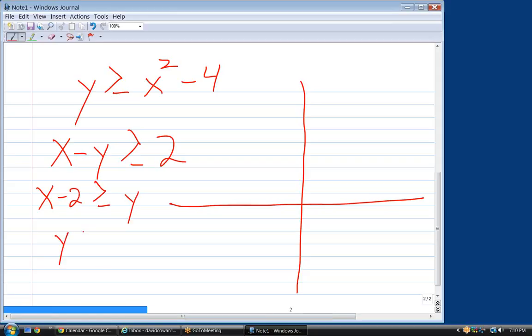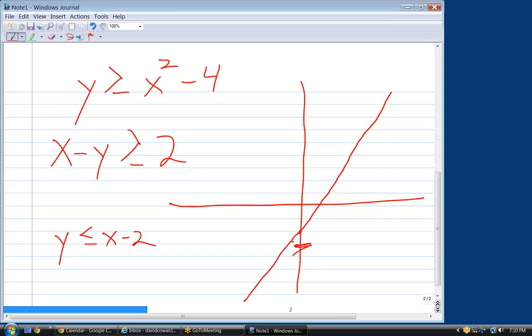It means y is less than or equal to x minus 2. So that's the inequality. Is that linear again? It goes through that point and has a slope of 1, and we have to be under that line.